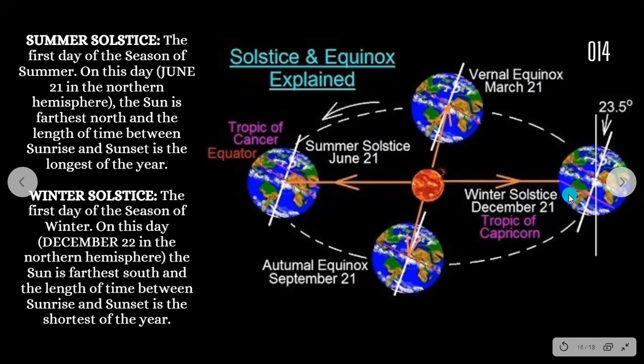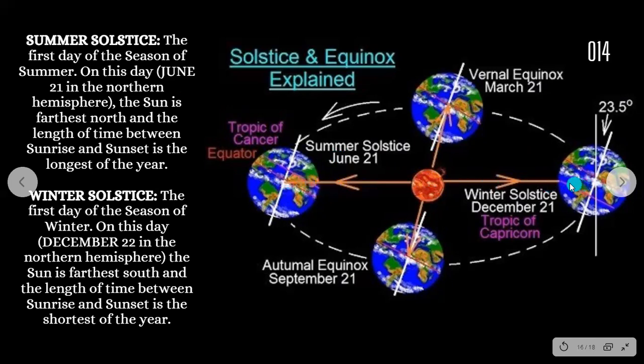Okay, bache? Now what we have is equinox. Equinox is when the duration of day and night is the same. That happens when the sunlight directly falls on the equator. This is the equinox. So summer solstice happens on June 21st, when the sun's sunlight falls directly on the Tropic of Cancer.